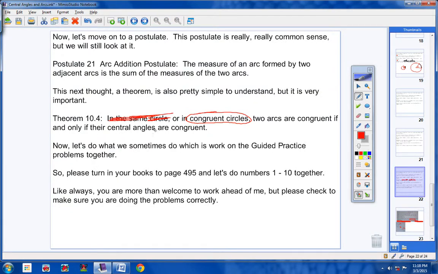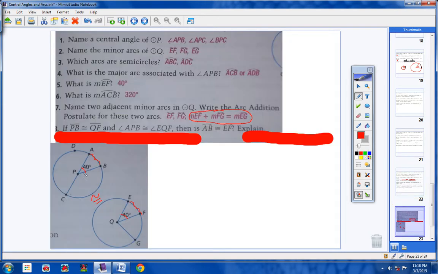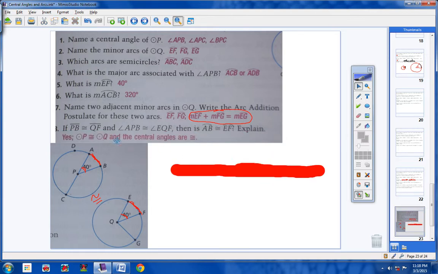If the central angles are congruent, then the arcs are congruent. So if this angle here is congruent to this angle here, then yes, it is true that this arc here is congruent to this arc here. It says explain. I would just simply say postulate 10.4. Postulate 10.4 totally explains that. Circles are congruent, central angles are congruent, so your arcs are congruent.